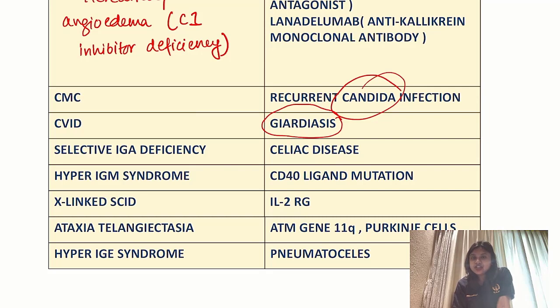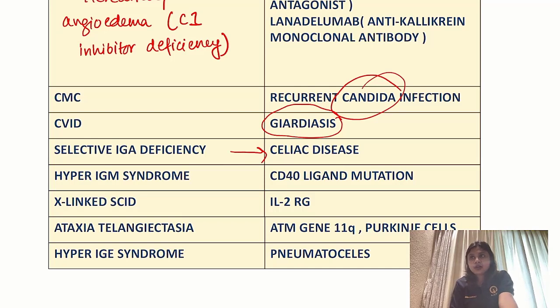Selective IgA deficiency is associated with celiac disease. Now, celiac disease is a condition where there is a problem with gluten and the gene. Usually there is destruction of the mucosal membrane.